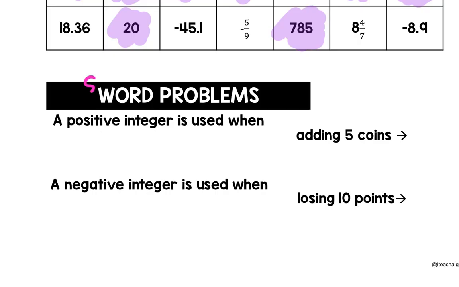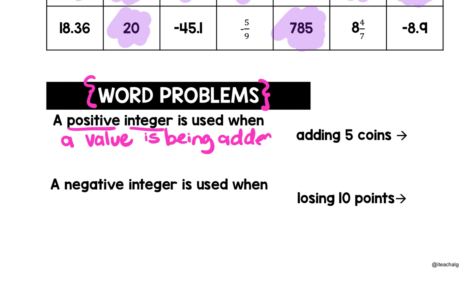Integers are used a lot in word problems, and your job is to be able to identify when you need a positive number or a negative number. So a positive integer is used when a value is being added or increased.